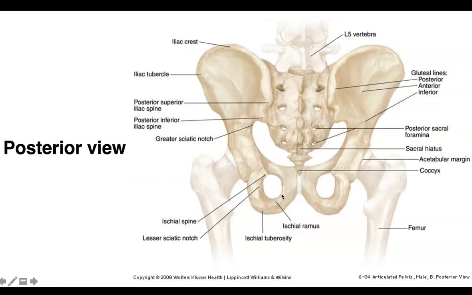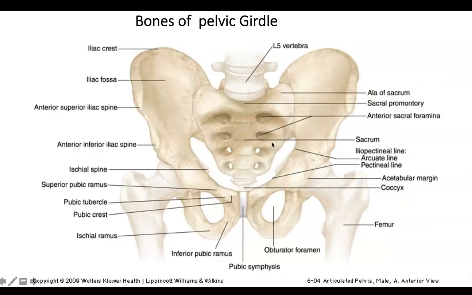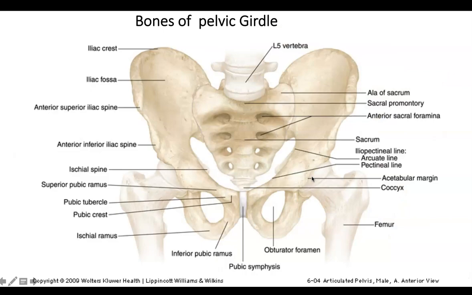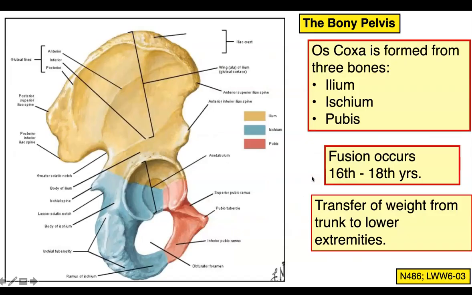In this slide you can see this is the posterior view of the pelvic cavity. So this is pelvic outlet. So inlet is the entry point of the pelvic cavity and outlet is the exit point of the pelvic cavity.